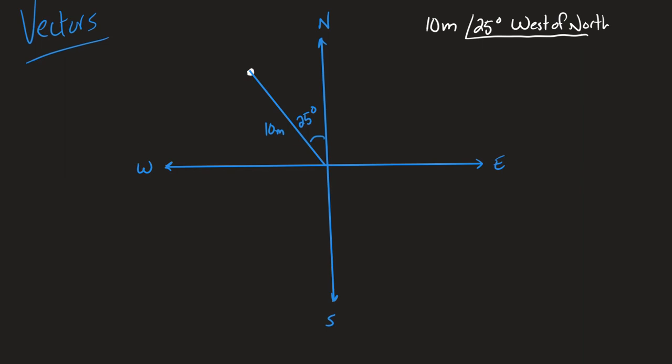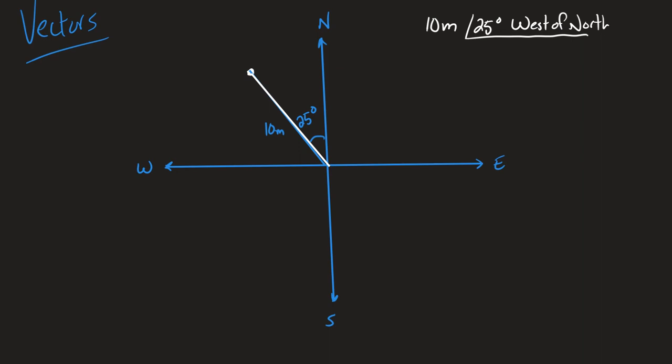In the picture, I start facing north. And then I turn towards the west 25 degrees, so that I am now 25 degrees west of north. I will need you to be able to do that. And I will need you to do the reverse. Be given a result and figure out how to express its direction.